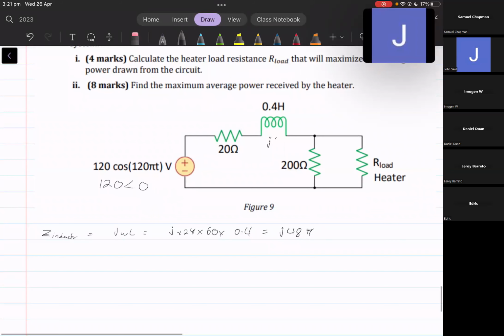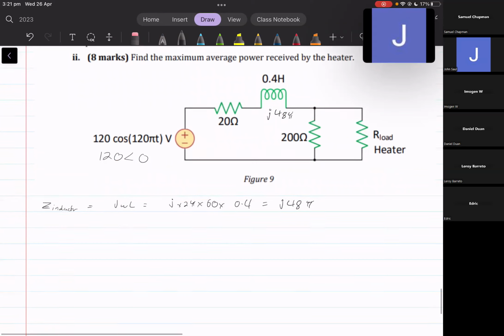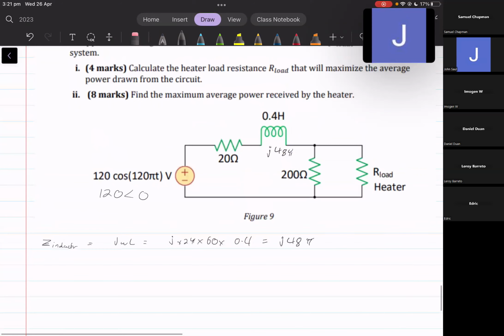So now that we have this, we're going to work out the Thevenin resistance, assuming our load is now open circuit. Without that, and we're going to disable the voltage source. So again, is that open circuit or closed circuit? Great.